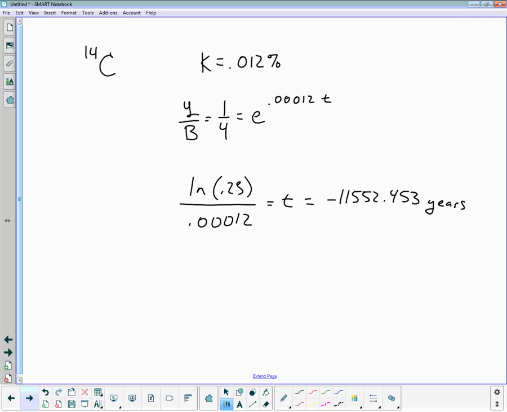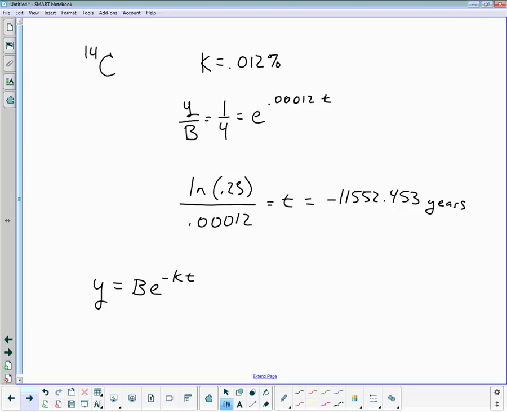But other textbooks, other teachers, references, resources that you go out and find, will say, since this is a decay problem, we're going to modify our formula to be this guy. Since it's decay. Well, that doesn't make any real difference.